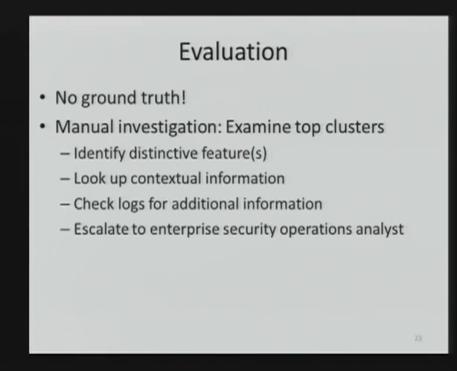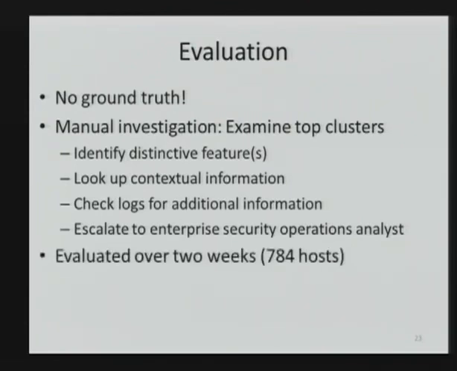If we need to, we would go back to the logs that are stored in the centralized data repository, the SIM, and look up additional information about that host, or look up other activities the host was doing around the same time, just to gather more context. For those hosts that we could not confidently label, we gave them to the Enterprise Security Operations Center for further investigation. And in this way, we manually labeled 784 hosts over the period of 2 weeks.